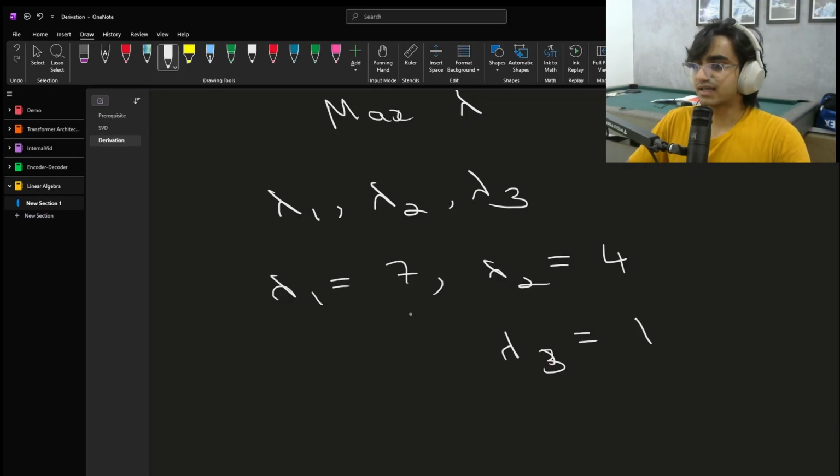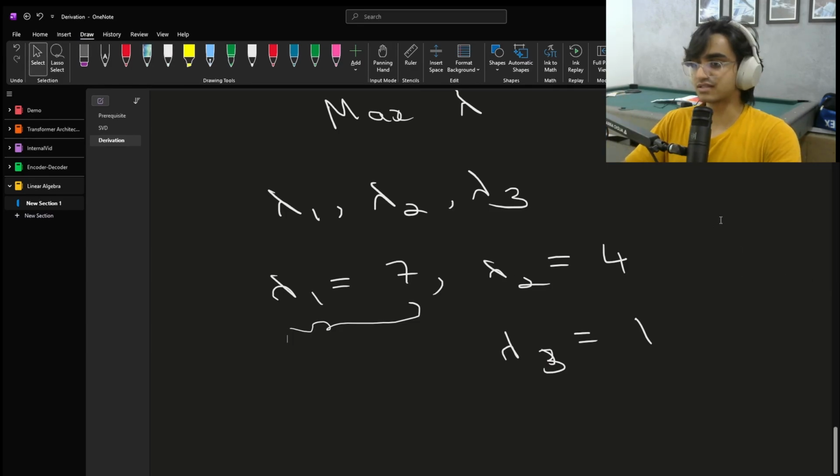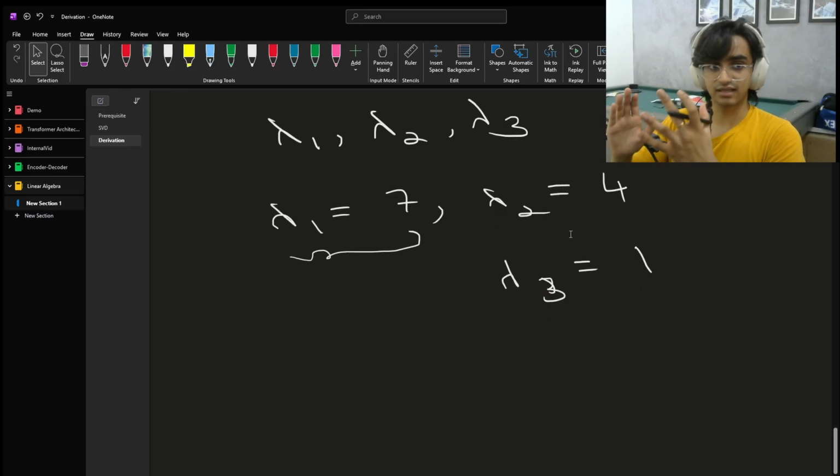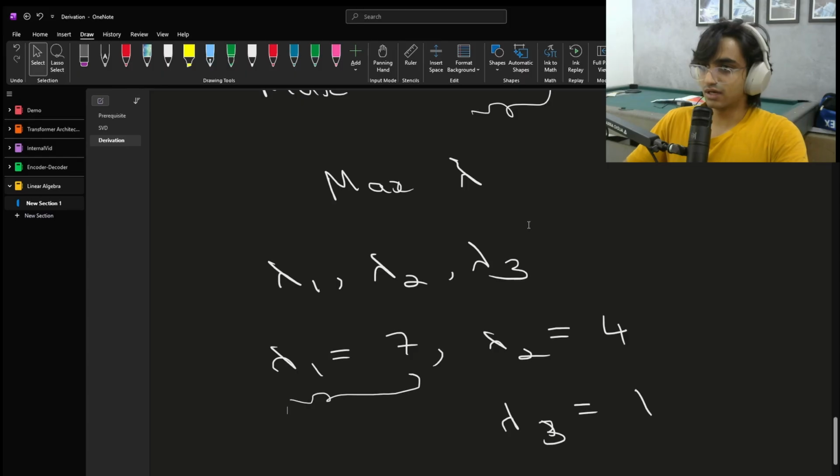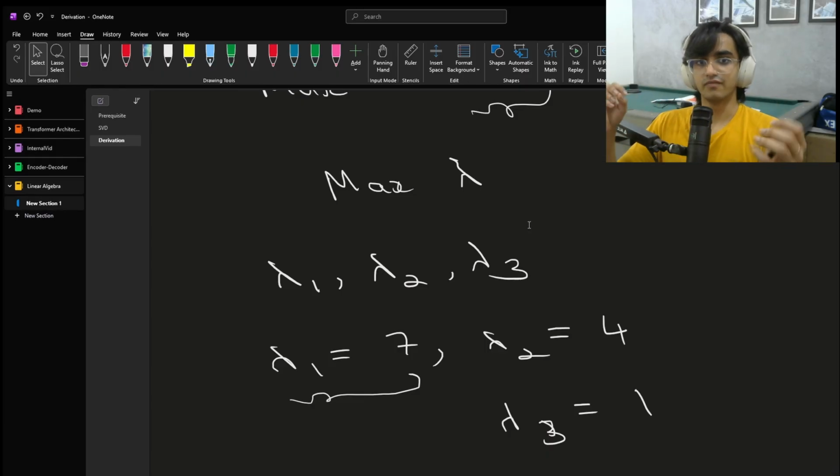So that means the eigenvector associated with lambda 1 is the most important vector that captures the most amount of information. So now that we've done this, I'll show you how we derive the SVD formula from this. My point of showing you this is to show that the optimization problem, where we're trying to find the vector that captures the maximum amount of information, essentially boils down to just calculating the eigenvectors and eigenvalues.